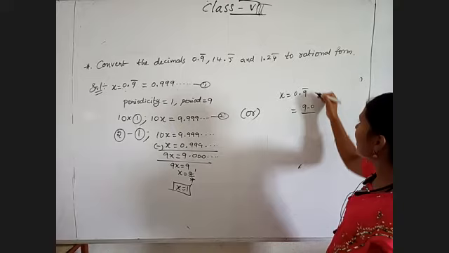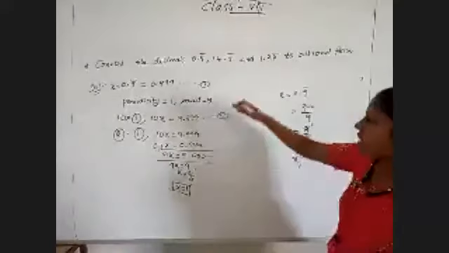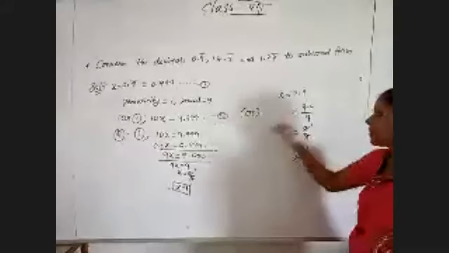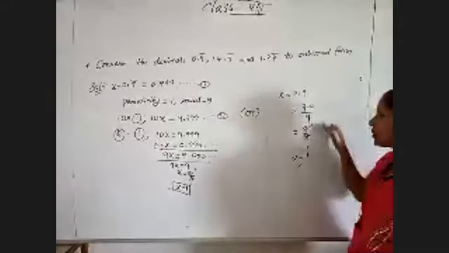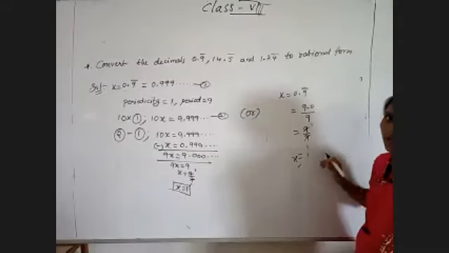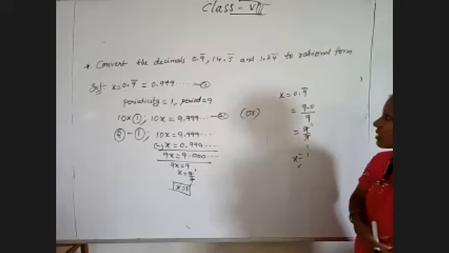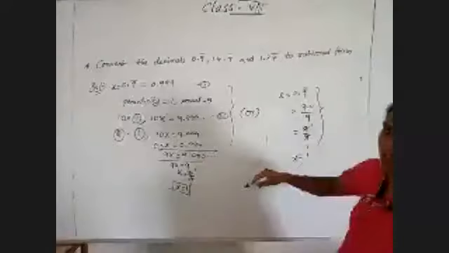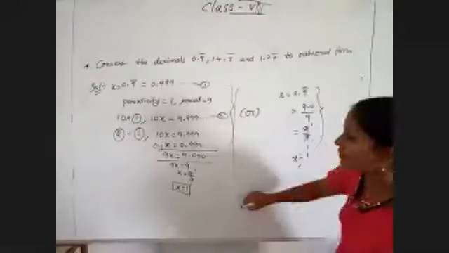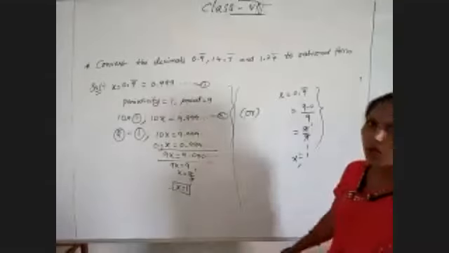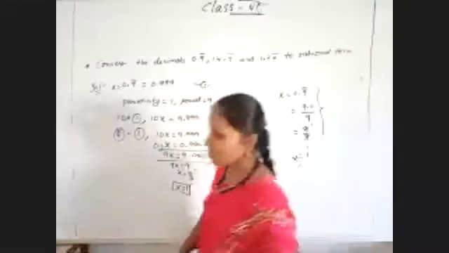So 9 minus 0 is 9, by 9, which is 1. So x is equal to 1. Instead of the complete procedure, we can do it by the shortcut method. Remember it. But while solving general questions, we have to follow the formal method. Now coming to the next question.